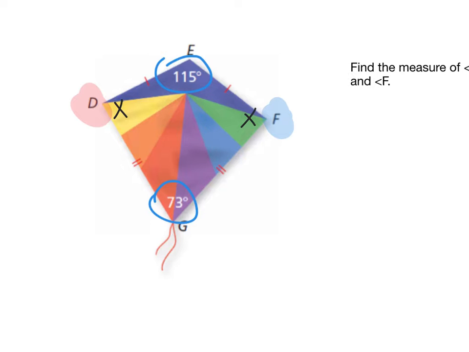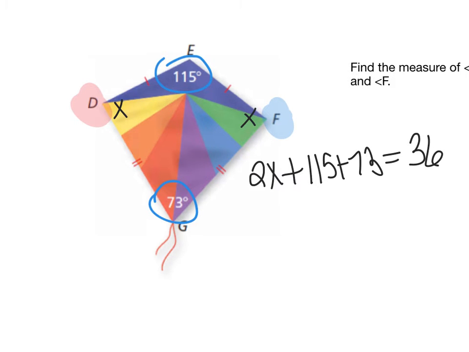We also know that since it's a quadrilateral, it adds up to 360 degrees, which means we can say all four of those angles added together equal 360 degrees. So we could say x plus x, that's 2x, plus 115 plus 73 equals 360 degrees.